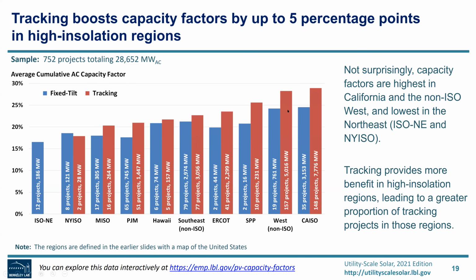You may also notice that tracking tends to boost performance more in these high insolation regions than it does in the less sunny parts of the country. And as a result, we see a greater proportion of plants using single axis tracking in these sunnier regions.